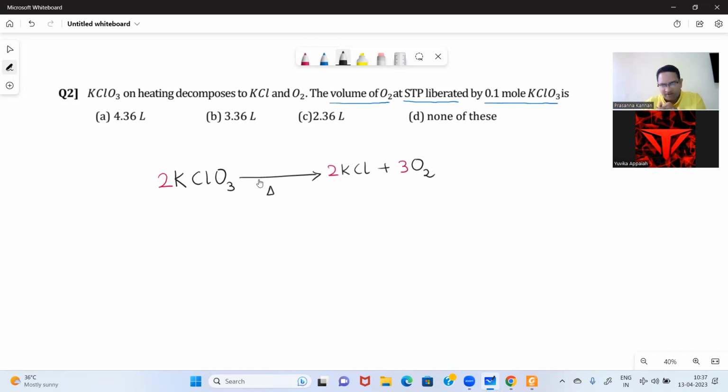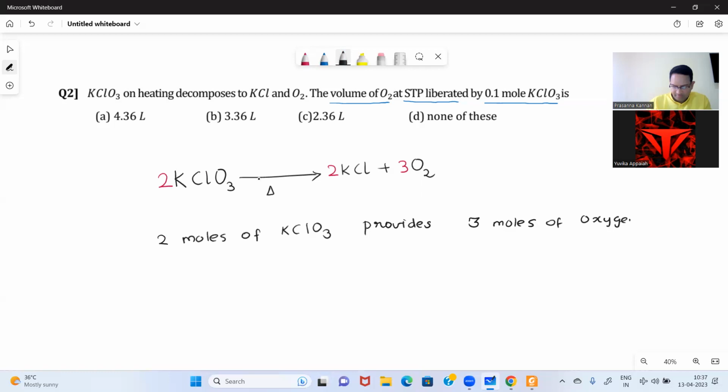Correct. So this relationship is important for us. So 2 moles of KClO3 liberates or provides how many moles of oxygen, Yuvika? 3 moles of oxygen gas.